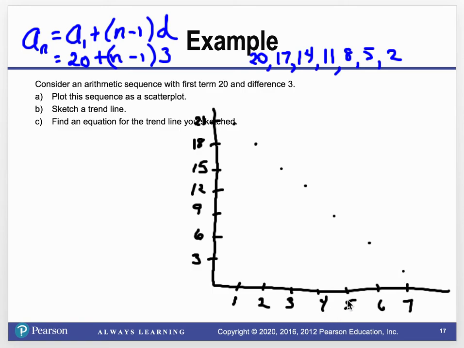Now, I wanted to do this one in particular just to remind us about what it means to be an arithmetic sequence and how to get those values. But I could have been given any data, and I might have had some dots like this.